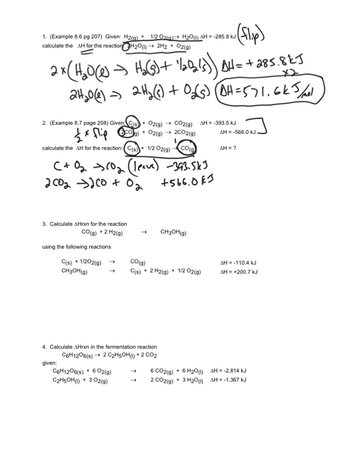Now, the second thing I've got to do is I've got to multiply this equation by 1/2 so that the coefficient in front of the carbon monoxide matches that of the overall equation. So multiplying that reaction by 1/2, 1/2 times 2, I'm going to get 1 carbon dioxide, 1 carbon monoxide, and 1/2 oxygen.